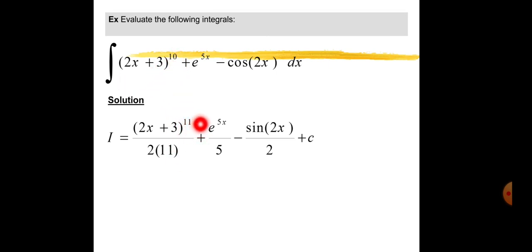It will be to the power 11 over 11 over the coefficient of x here. E to the power 5x is e to the power 5x over the coefficient of x, which is 5. Cosine 2x will be sine 2x over the coefficient of x here, over 2, plus the constant of integration c.